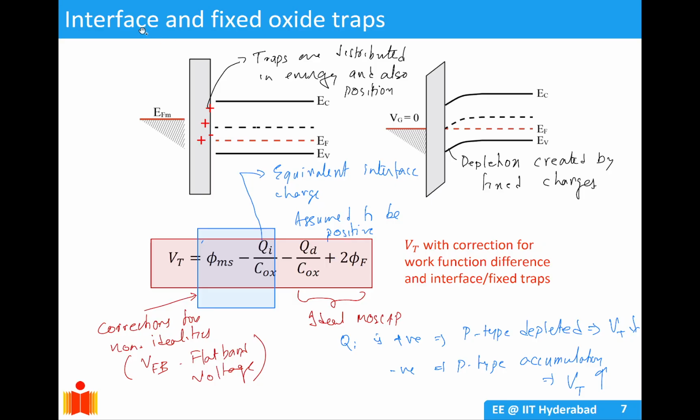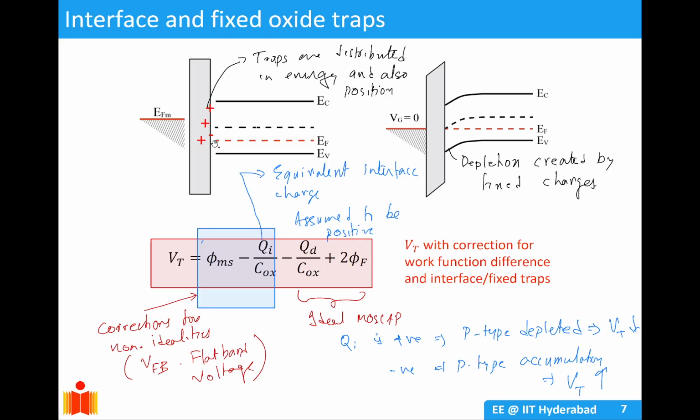So interface traps are traps that are at the interface of the semiconductor and the oxide. These traps are distributed in energy as well as in position. So you have traps at different energy levels and also different positions.